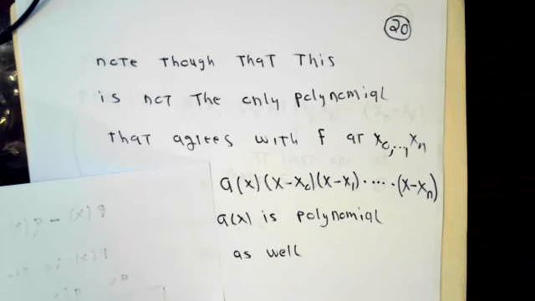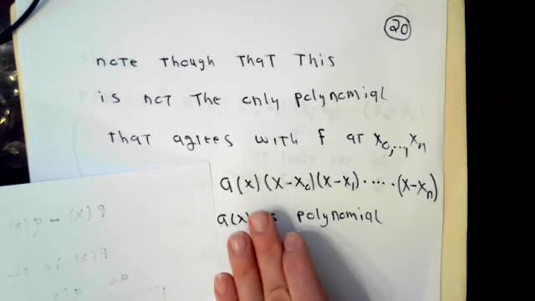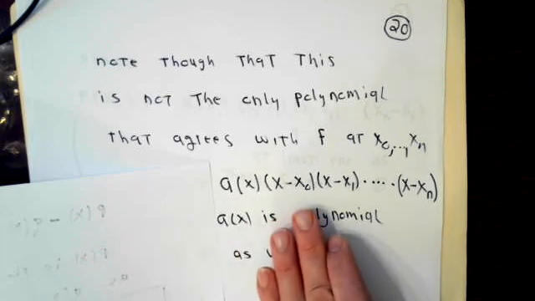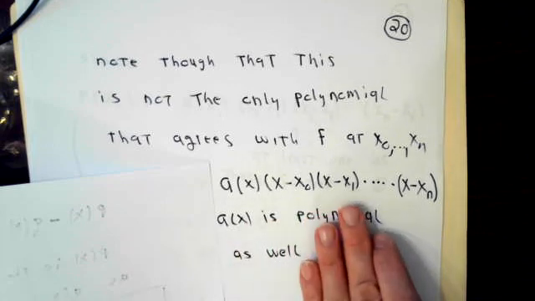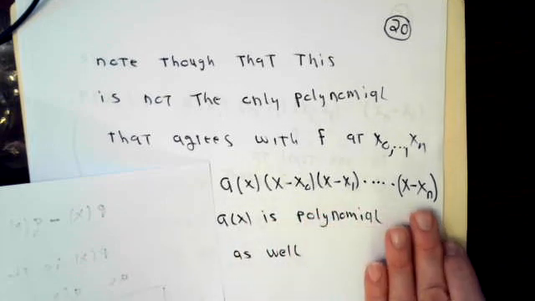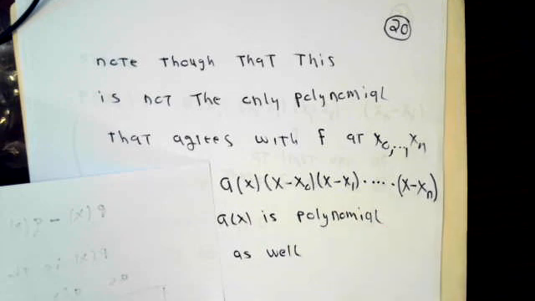If you were to evaluate that polynomial at one of the x numbers from the data set, say x number i, you would have a at xi times xi minus x0, xi minus x1, all the way down to xi minus xn. xi is one of those numbers, x0, x1 out to xn.